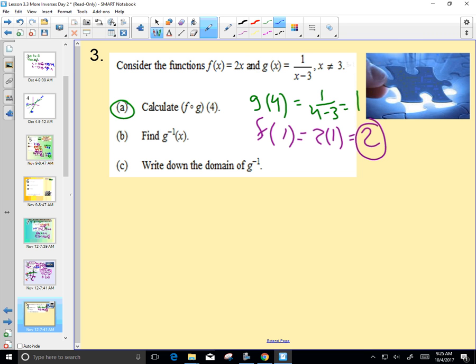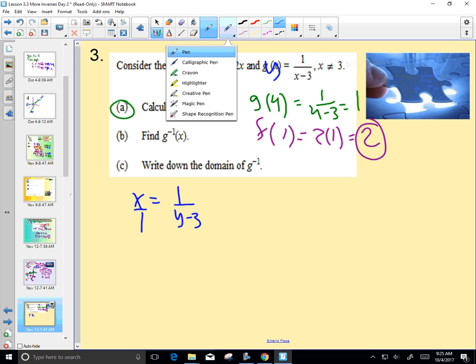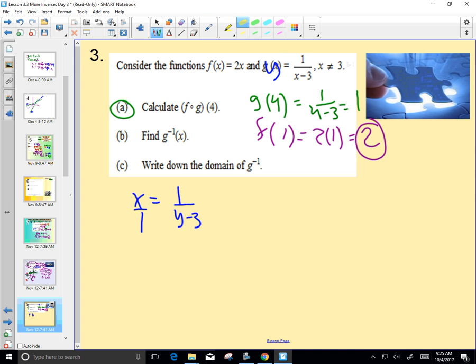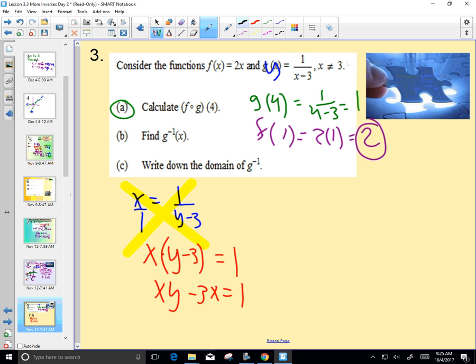So we do the same thing. This is y, so we switch. x equal to 1 over y minus 3. Now this might help. Do my cross multiply trick. And then you'll get x times y minus 3 is equal to 1. xy minus 3x equals 1, xy equals 1 plus 3x.